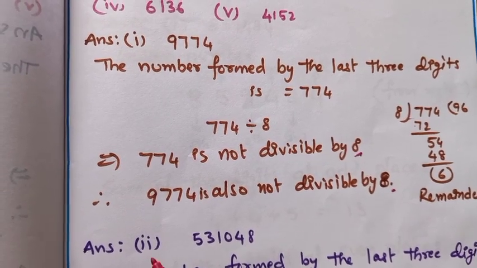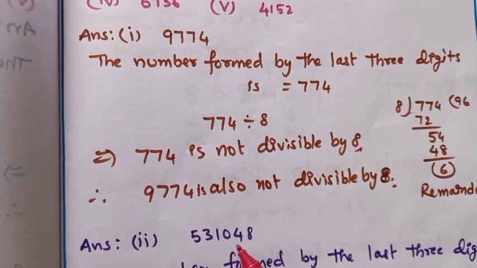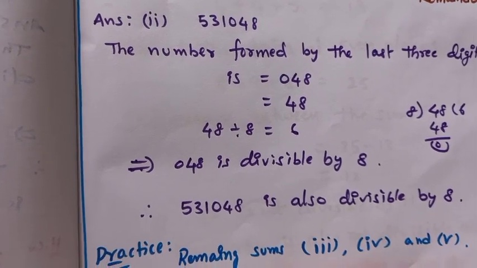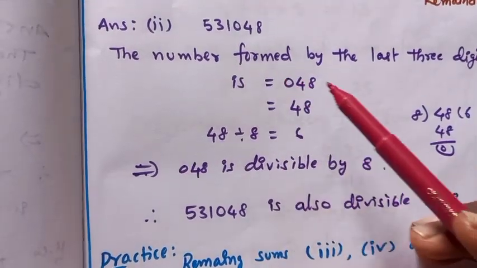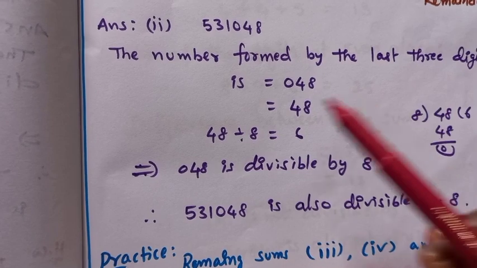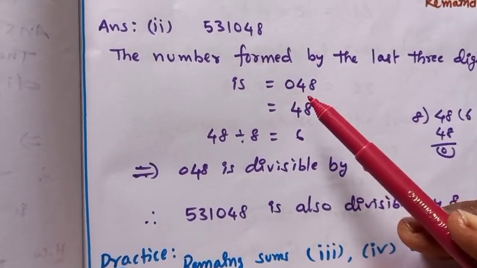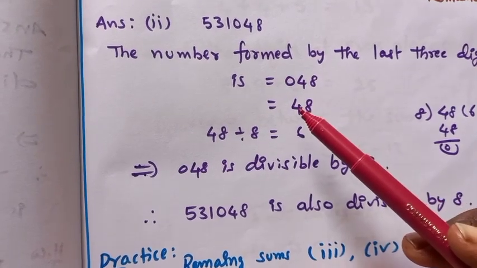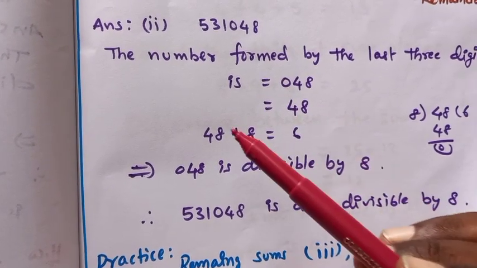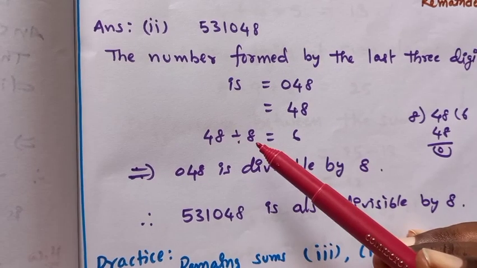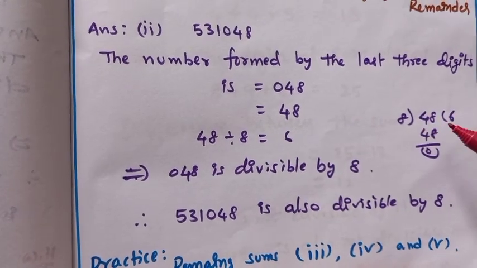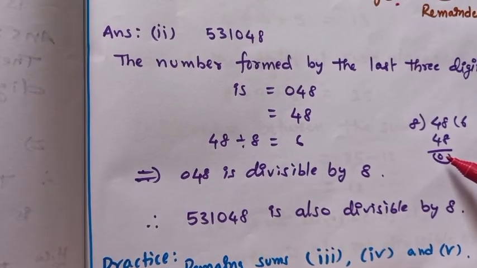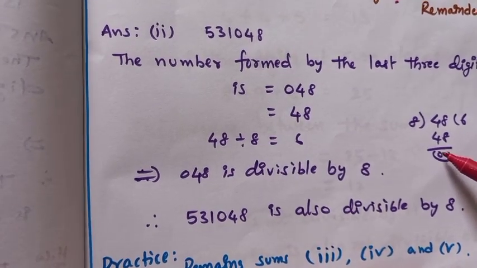Now second question, 5,31,048. The number formed by the last 3 digits is 048. Here the 0 is on the left hand side, therefore its value is 48. Try to divide 48 by 8. 8 sixes are 48 and the remainder is 0.